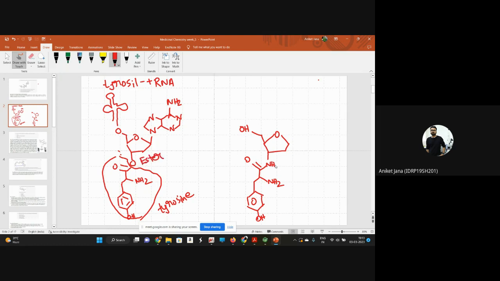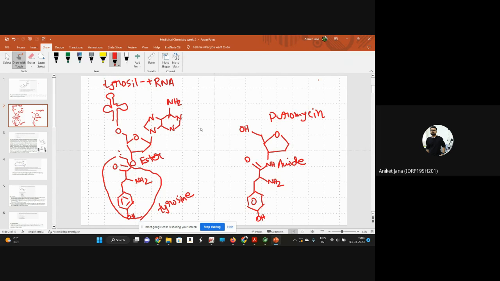And here the nitrogen is present, so we call it the amide bond. So this is structurally very similar to the tyrosyl tRNA, and in this way it incorporates into the translation process and hampers the synthesis of protein.